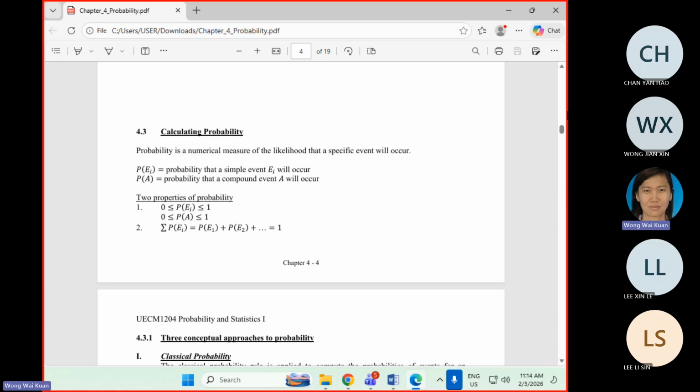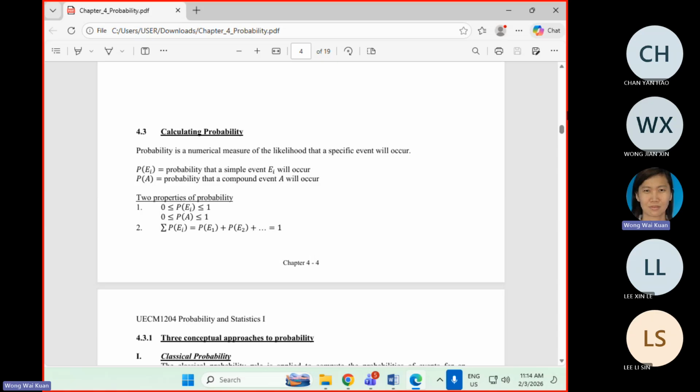With only one outcome, one and only one outcome. So the probability of Ei, where Ei is a simple event, is called P(Ei), the probability that a simple event will occur.